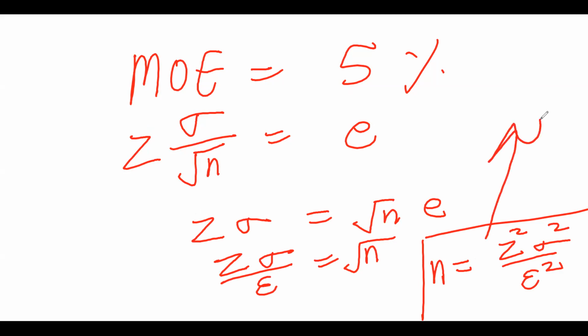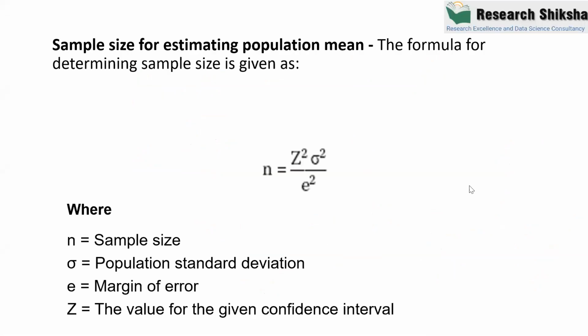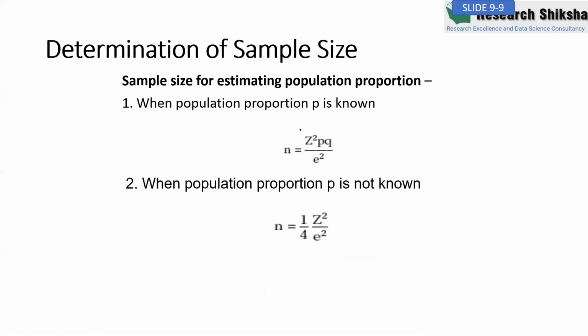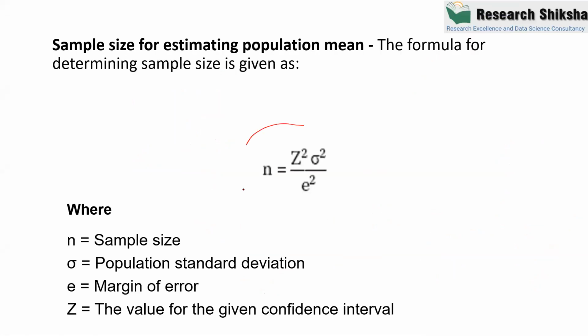So this is the formula which we use for calculating the sample size, right? This formula is actually coming from the margin of error. Now if I show you the PPT, I just write this formula here, and we will use this formula for calculating the sample size.